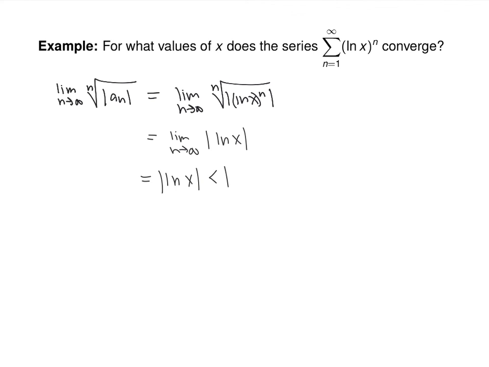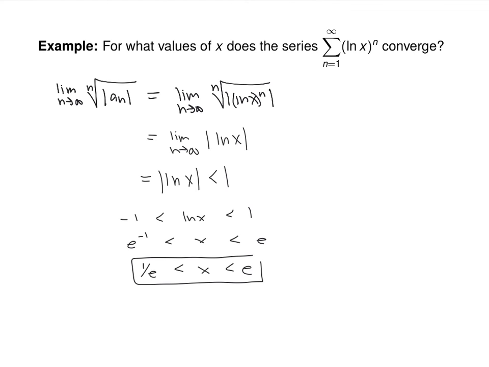This needs to be less than 1. And that means that -1 is less than ln of x, which is less than 1. And now if we exponentiate everything, e to the -1 must be less than x, which is less than e, or 1 over e is less than x, which is less than e.